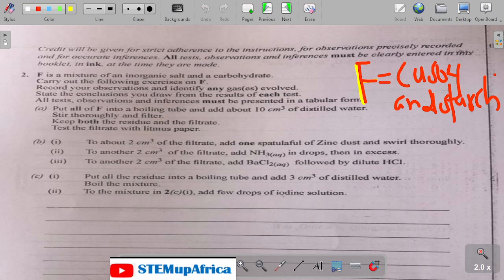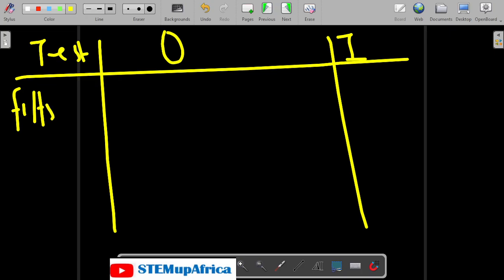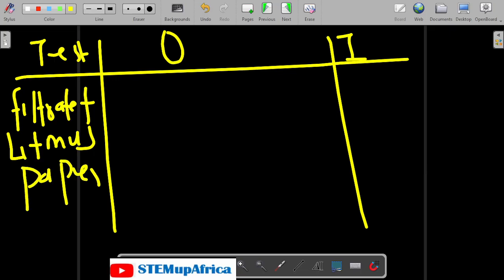So B, you say test the filtrate with litmus paper. So I will have the same table, also test, observation, and inference. I will say filtrate plus litmus paper. So what will be our observation?